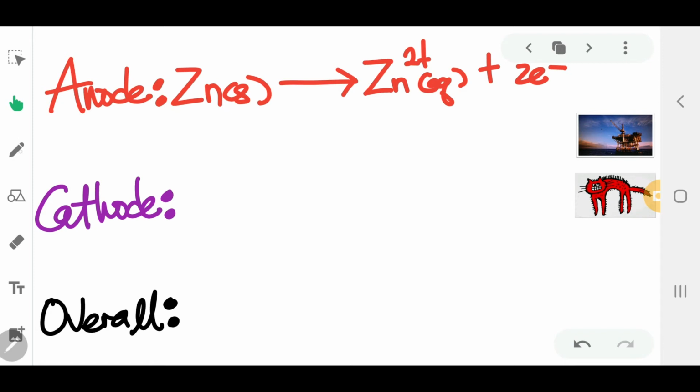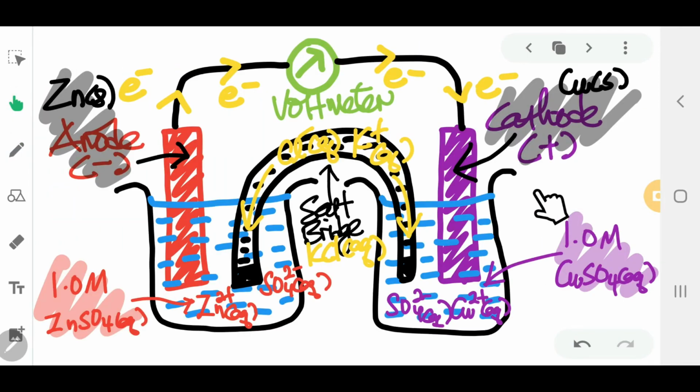For the cathode, the Cu2 plus ion in the aqueous phase will start to receive electrons, and it will be reduced to become copper solid at the cathode.